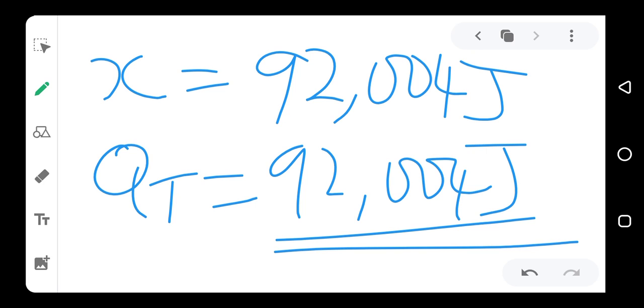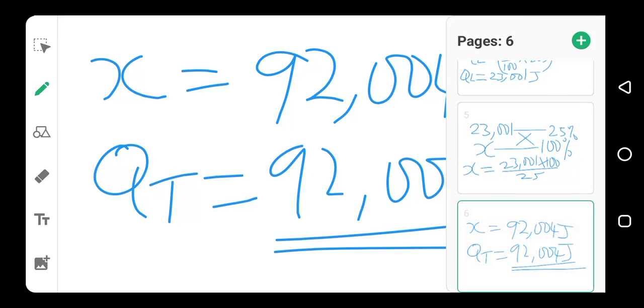So you have to be very careful to note this, or else if you don't get this, you will likely not get the answer. Now for the first question, which the latent heat was given and we were asked to show what it means.